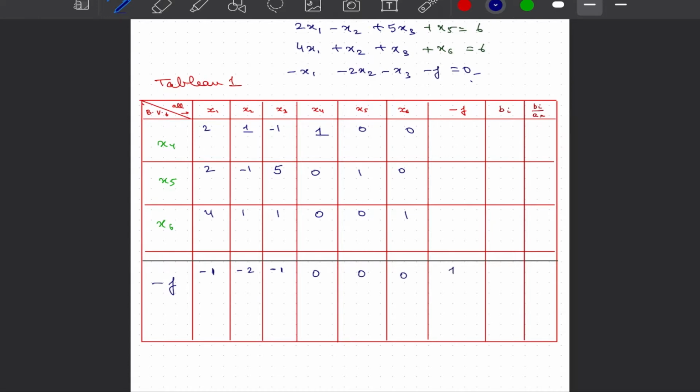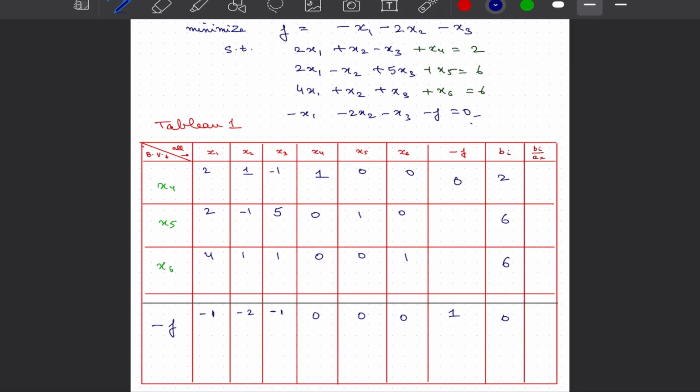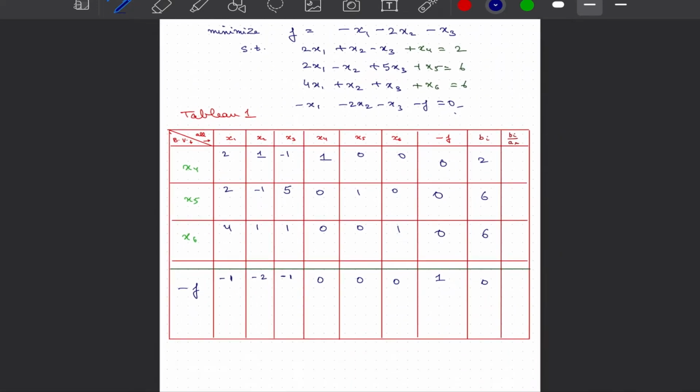Minus f has the coefficient of 1 in this case. Finally, the bi come out to be 2, 6, 6, 0. And since minus f is not present in any of the constraints, we can simply write it as 0, 0, 0.